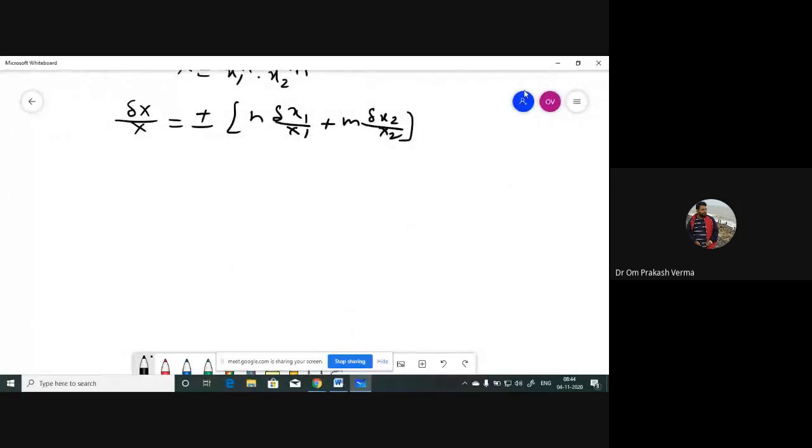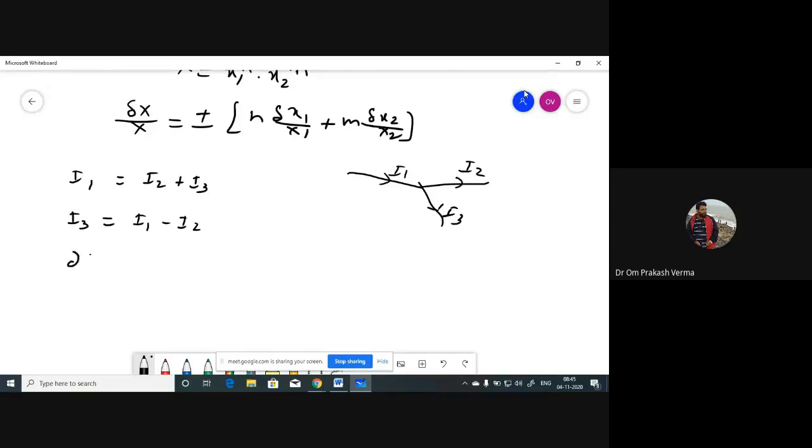Okay, so this is I1, this is your I2, and this one is I3, right? So how is I1 related? I1 is related with I2 plus I3, right? So you have to find I3. So you can write I1 minus I2. Just differentiate with respect to I3. So it becomes plus minus, क्या हो जाएगा बताओ?